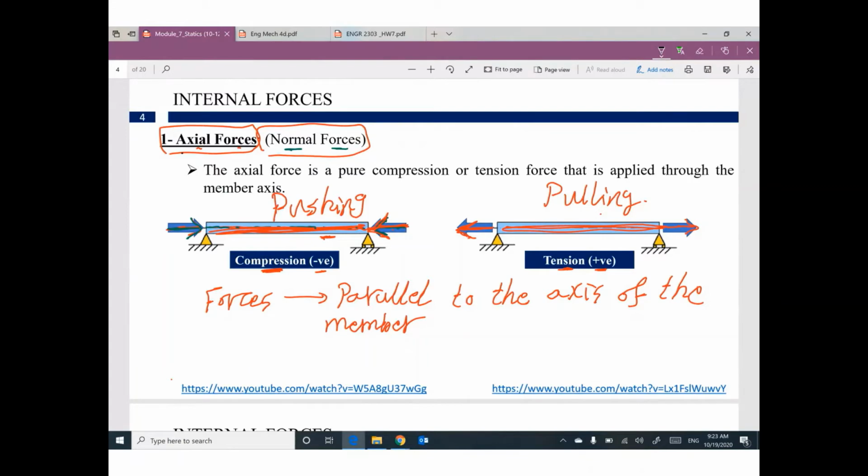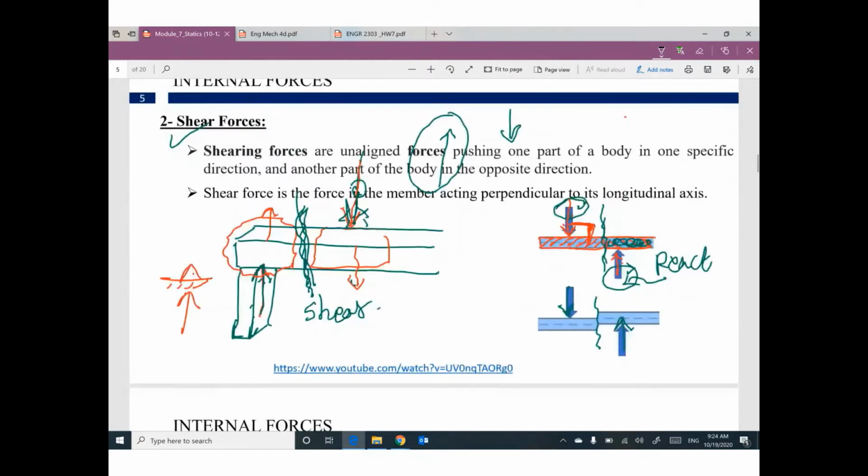Not horizontal or vertical, but the force parallel to the member. If this force is pushing, it will be compression, which is negative. And if this force is pulling, it will be tension, which is positive. Do you remember that? Okay. Let's go back to our example.